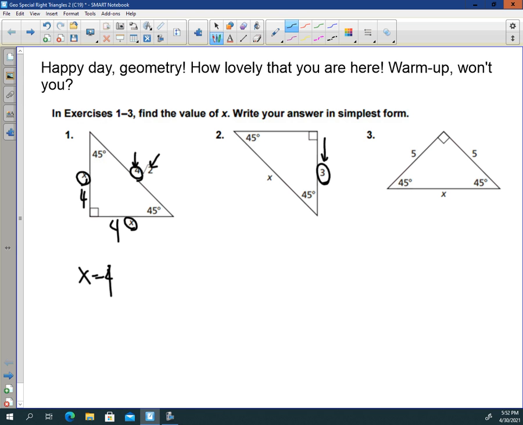And so x is 3 times the square root of 2. Done. Nothing more to be done. And the last one, the side length is 5, and so the hypotenuse is 5 times the square root of 2. And that is all there is to it. That's how you do those. All 45, 45, 90 triangles are going to work like that.